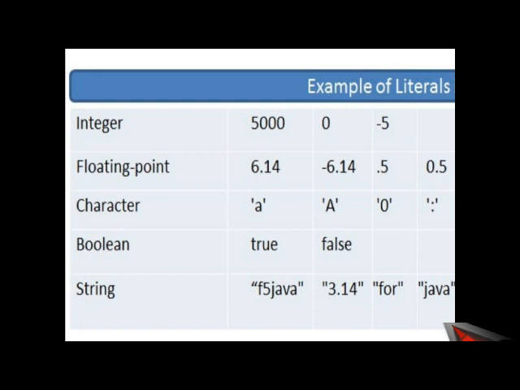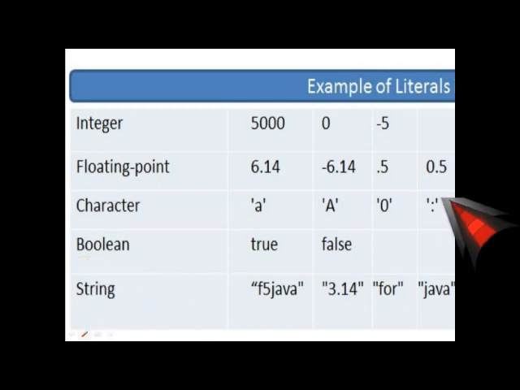Coming to the char literal or character literal, which is any single letter or any special character. These are enclosed in single quotation marks. Suppose you are in section B: that B is a single letter. Even numbers we can think of as single characters.